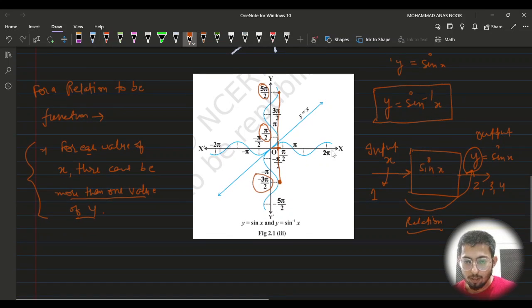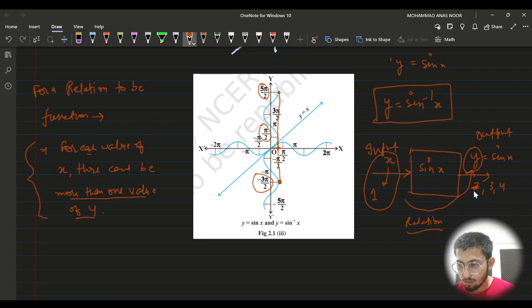For a value of x as 1, what you are getting as output is y as pi by 2, 5 pi by 2, and so on. This is the sine inverse x function, right? So see here, for x equal to 1, we are getting different values of y.